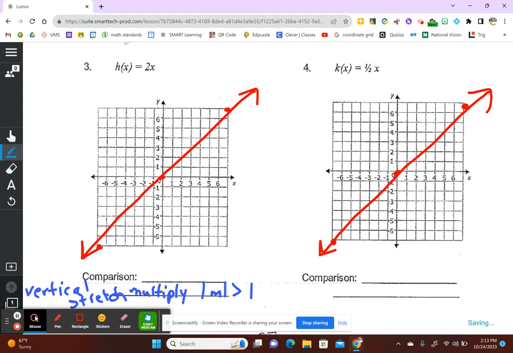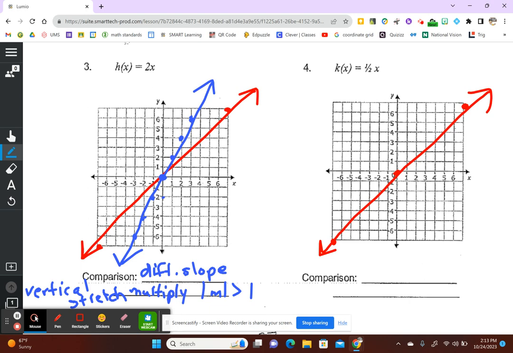And with a vertical stretch, I'm obviously going to have a different slope. So I'm going to start at 0. I go up 2 over 1, up 2 over 1, up 2 over 1, or down 2 over 1, down 2 over 1, down 2 over 1. And this is what a stretch looks like. The blue line is stretching.